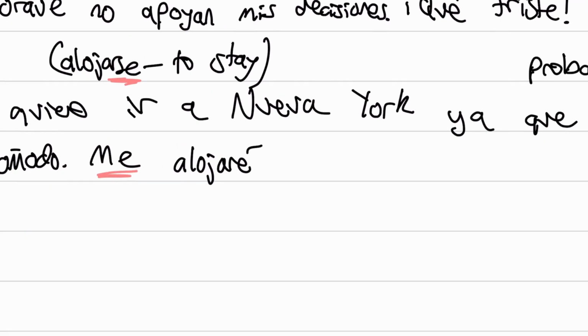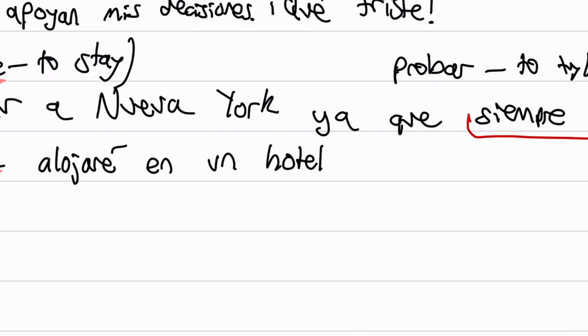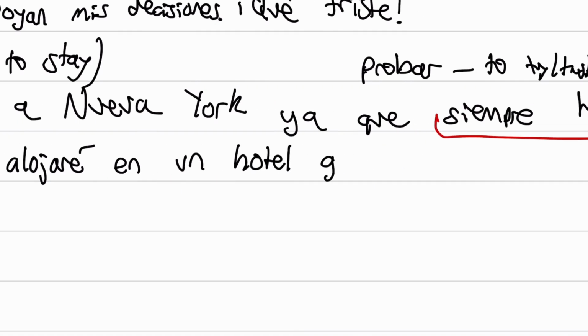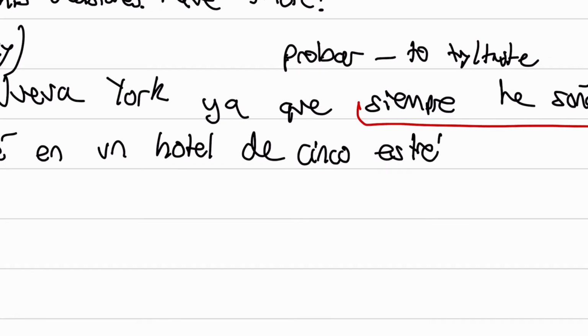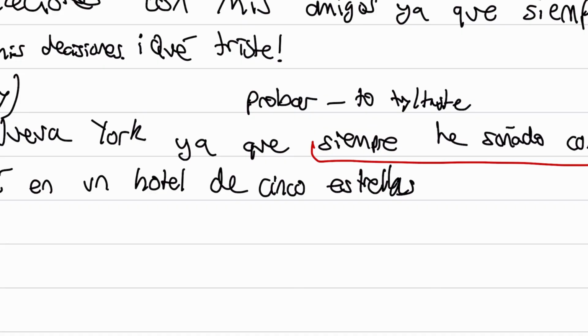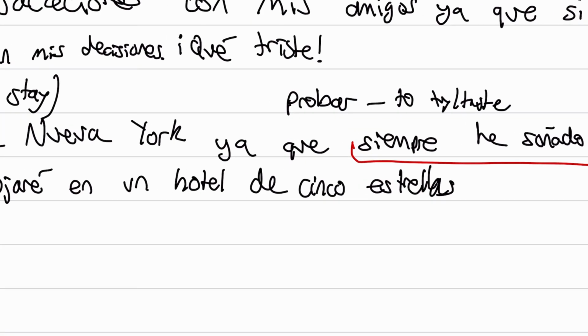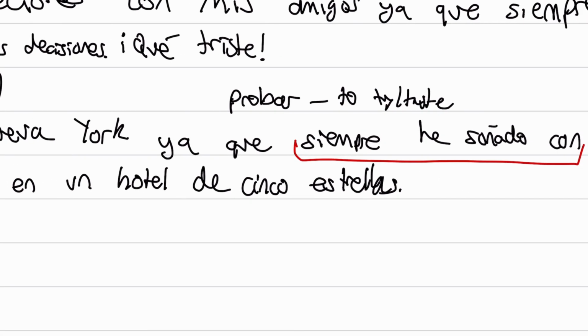So me alojaré en un hotel grande, we can say. Or if I go back, en un hotel de 5 estrellas, of 5 stars. So lots of little bits of vocabulary you can add in just to make your writing a bit more interesting and use better reasons and adjectives than other students. So en un hotel de 5 estrellas, full stop.